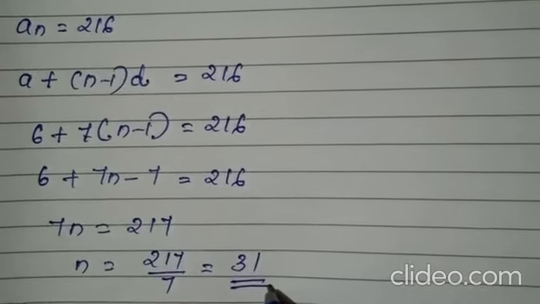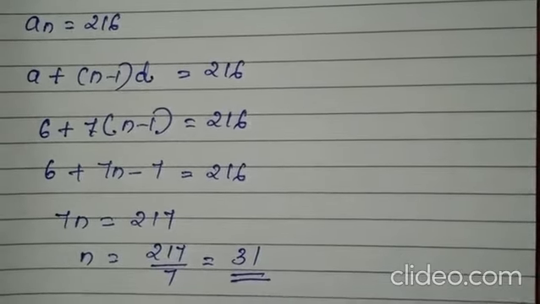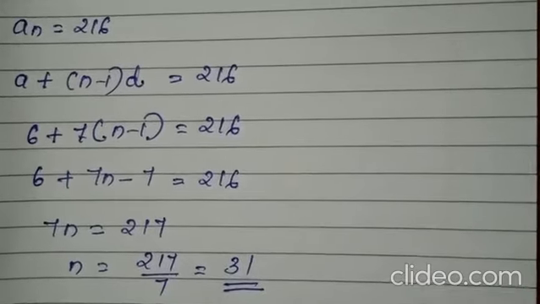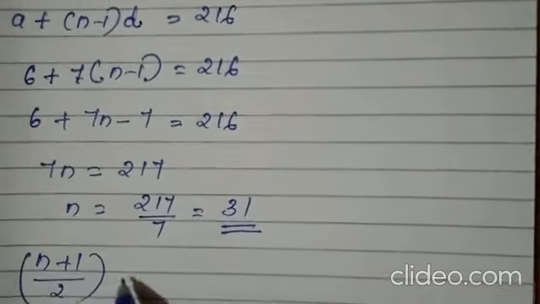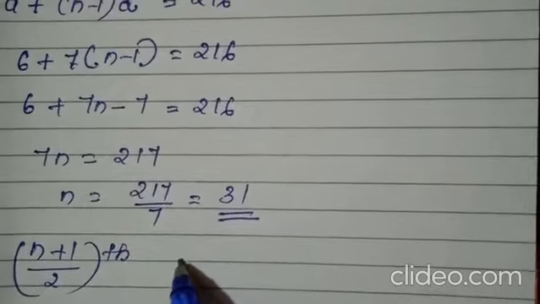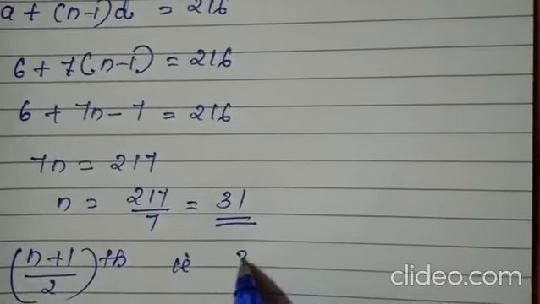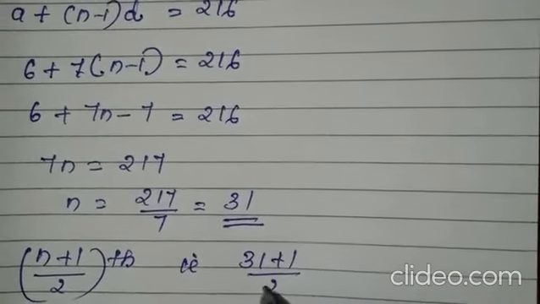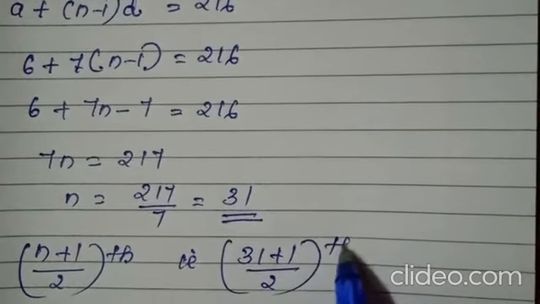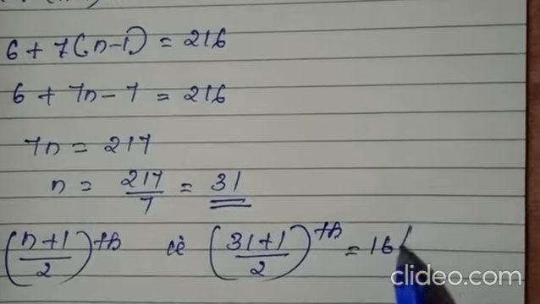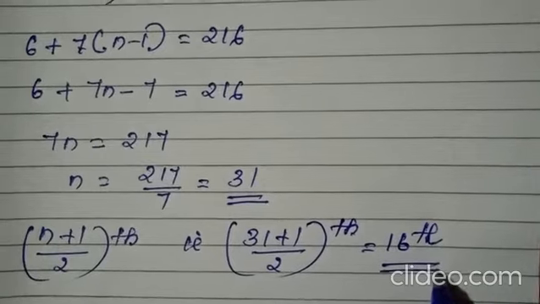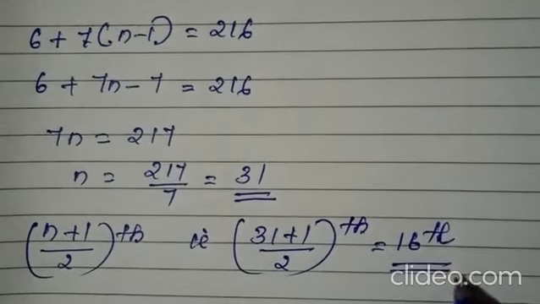So, we got N. Here, N is odd. So, N plus 1 by 2. So, that is 31 plus 1 by 2. Is it? So, we will get 16th term. Which term we got? 16th term is the middle term.